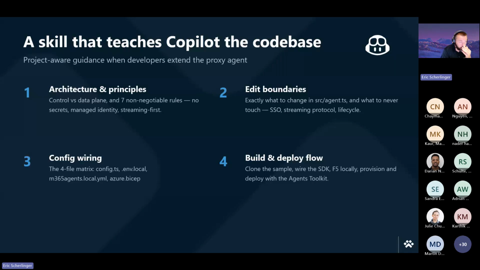And obviously, if you need to break down that deployment into more granular actions, because you're working in an enterprise and you can't have a single admin that can run every script, it will definitely help you do that. And it will also help you with how to clone, how to deploy, how to use the F5 and provision, thanks to the agent toolkit we were mentioning.